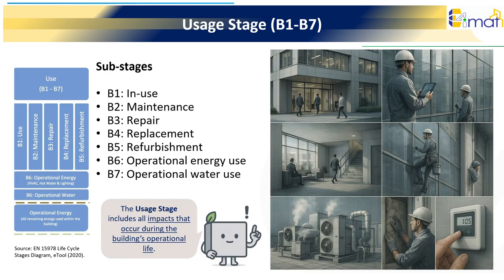Because this period can extend over several decades, the usage stage typically represents the largest share of a building's total footprint, especially in buildings with poor energy performance. At this point, energy models and energy performance simulations become essential, as they provide the data needed to estimate operational energy use and its associated carbon emissions.